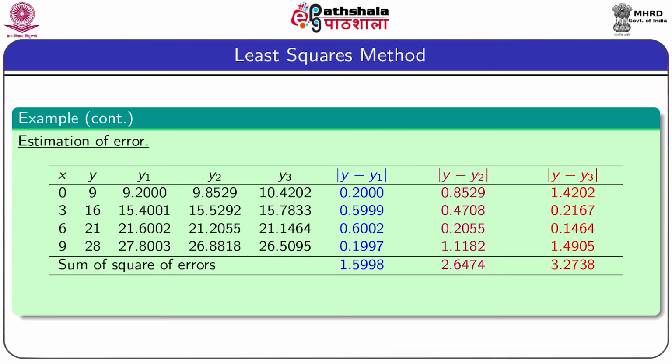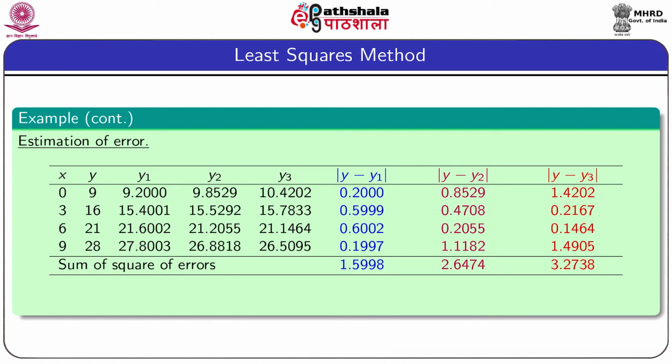Now we calculate the errors for each of the three cases. The first and second columns represent the values of x and y. The third column represents the values obtained from the first curve y1, the fourth column represents the values obtained from the curve y2, and the next column represents the values of y3.